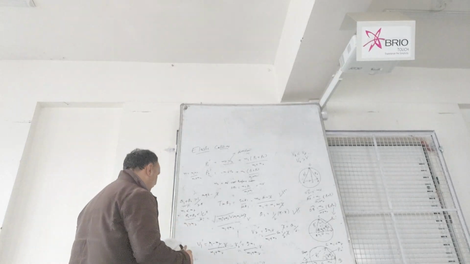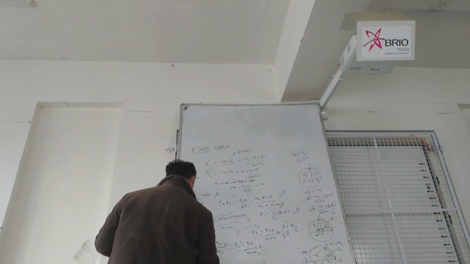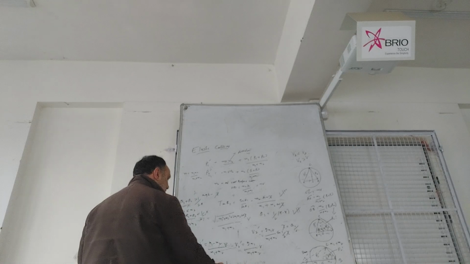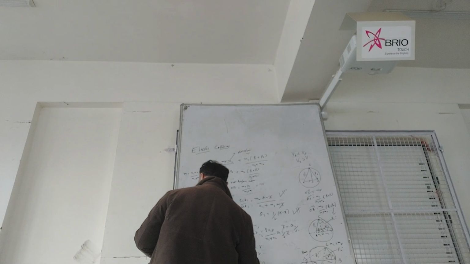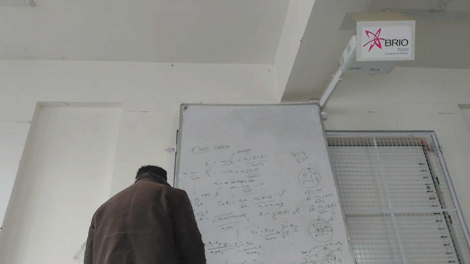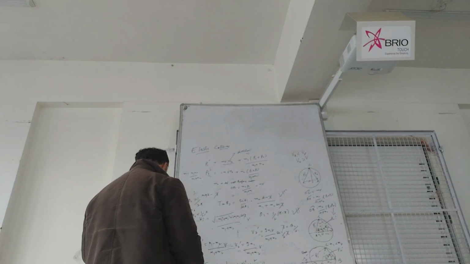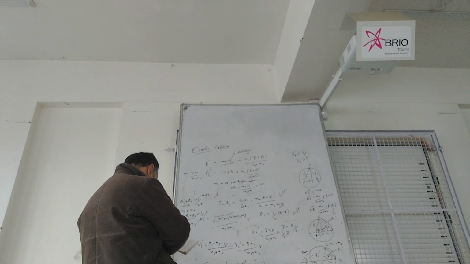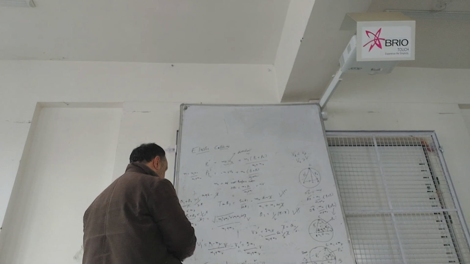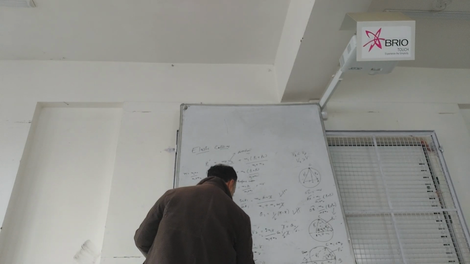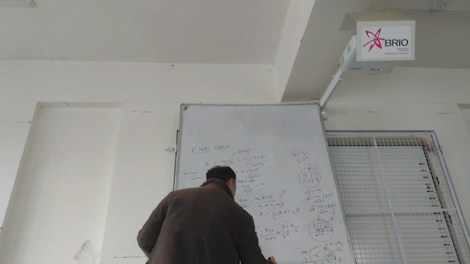And you can also have, for example, E2 max, the maximum kinetic energy. How will it come? 1/2 m2 v2 max square. How much will V max be? Substitute this V max, and it will come out to be like this: m1 m.